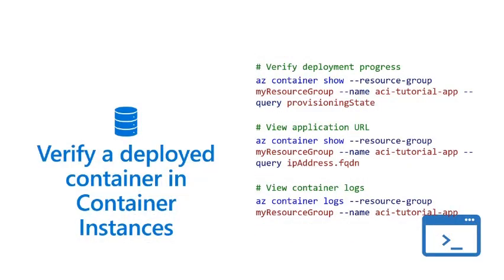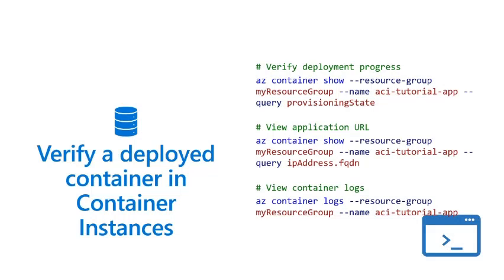To verify the deployed container in container instances, we run az container show with the resource group I am in, and the name of the container instance, which is aci-tutorial-app, and the query is provisioningState, which shows me the status of the deployment.